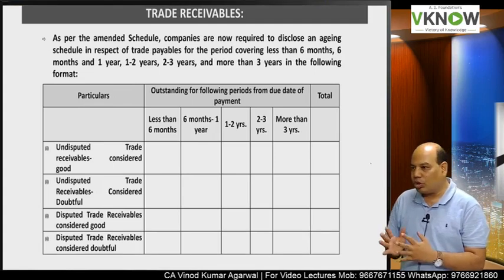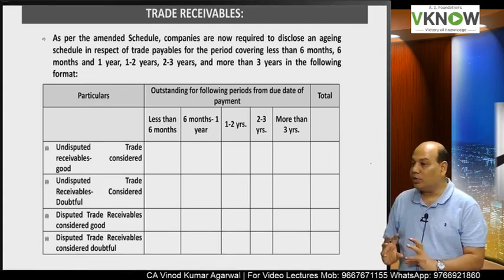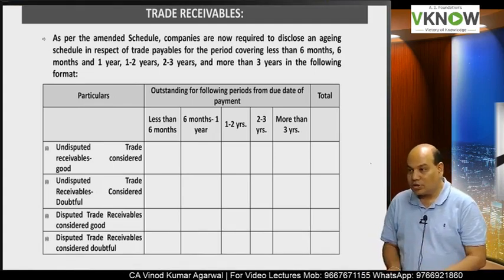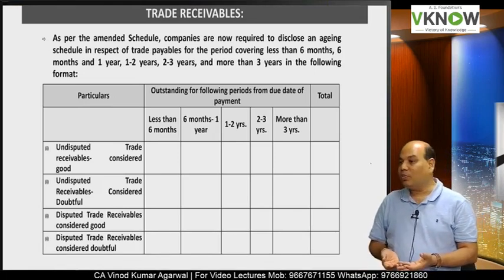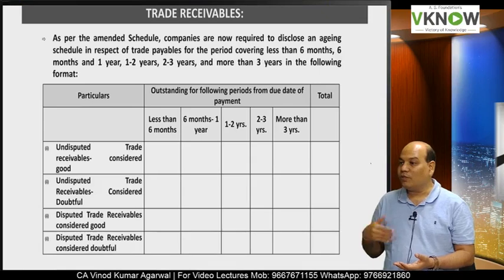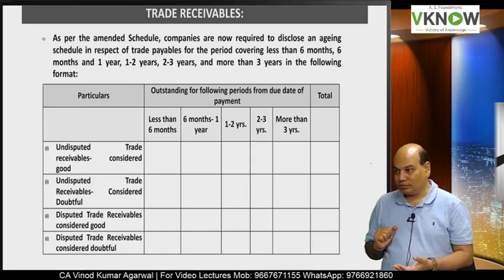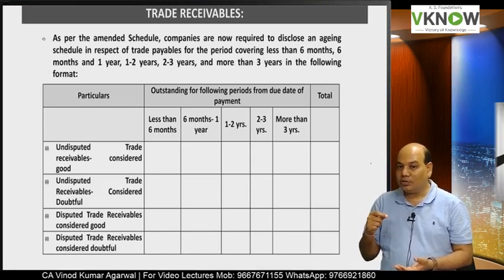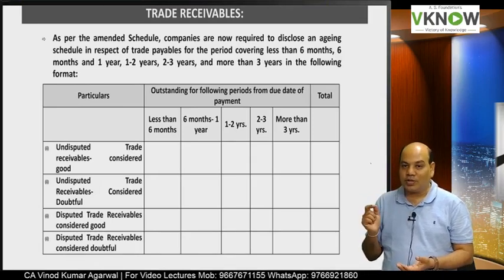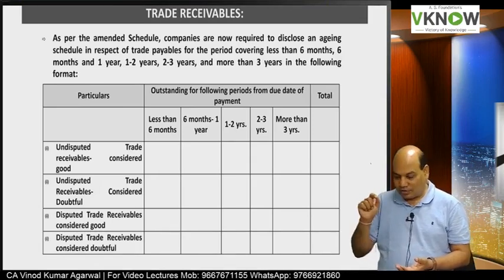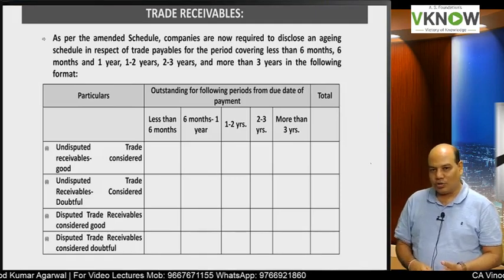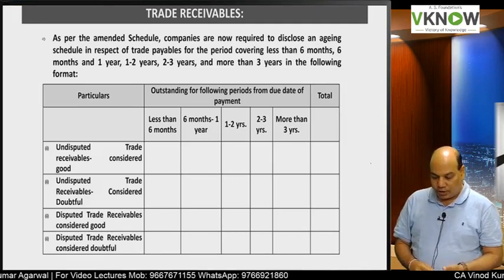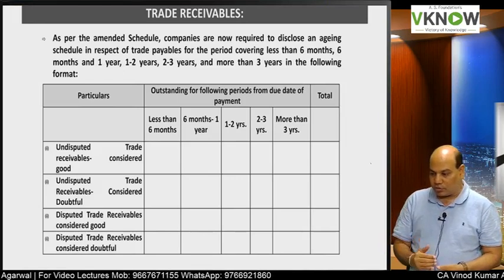Something is wrong with those debtors, or they may be fictitious debtors just created in the books by dummy entries, or they may be group companies where you have siphoning of funds. Then the auditor, the government, tax officers, shareholders, bankers will ask you why they are outstanding for so long. Then you have to divide in the following formats also.